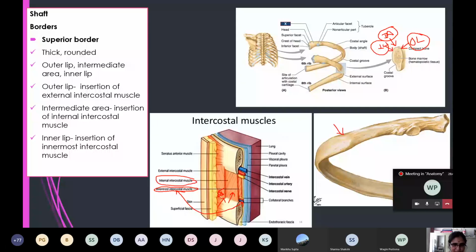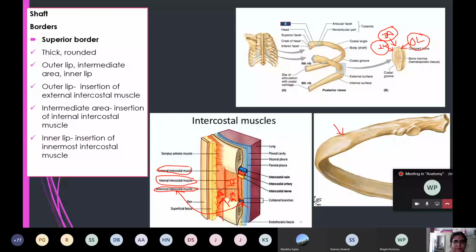The intermediate area provides insertion to this muscle. Which muscle is this? Internal intercostal muscle. The inner lip, this innermost lip, provides insertion to this muscle. Which muscle is this? This is the innermost intercostal muscle.